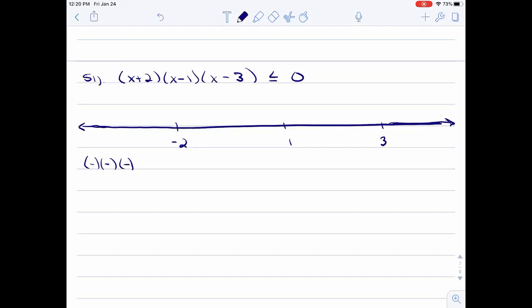Negative times a negative times a negative gives me a negative. Right. And so here I'll just make a note that I use -3 in there.